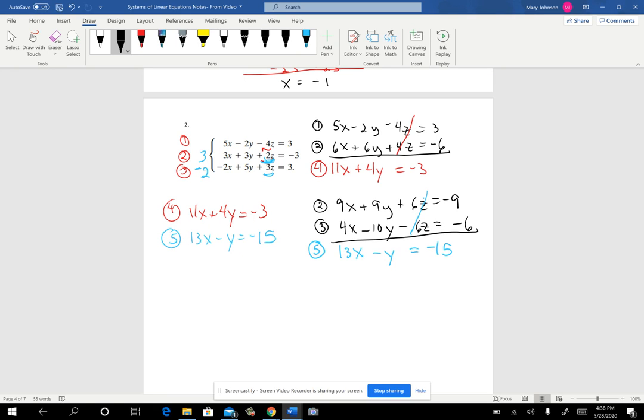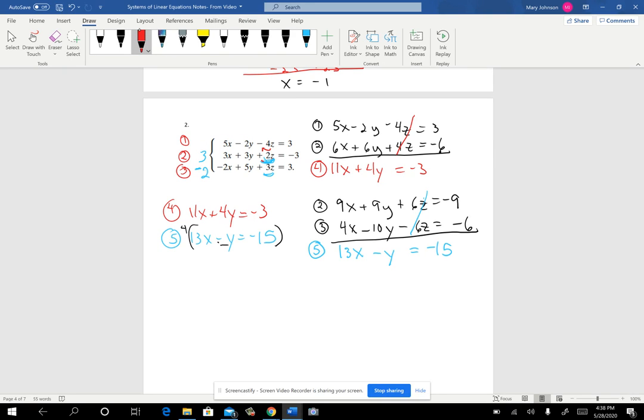Now, when you look at that one, you would definitely want to eliminate the y's. Okay, so I'm going to do that. I'm going to come in here, and I want this to be -4. So if I put a 4 out in front and multiply through by +4, that negative times that positive would give me a -4 right there.